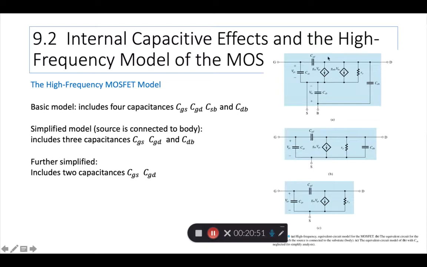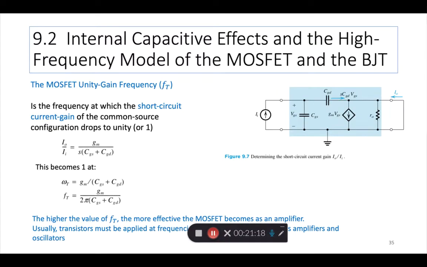You can see 1, 2, 3, 4 capacitances here, 1, 2, 3 here, and only 1, 2 here. Also you'll notice that in the most complex model, a new factor called gmb, which is another type of transconductance, has been introduced. Okay, so these are all the models.